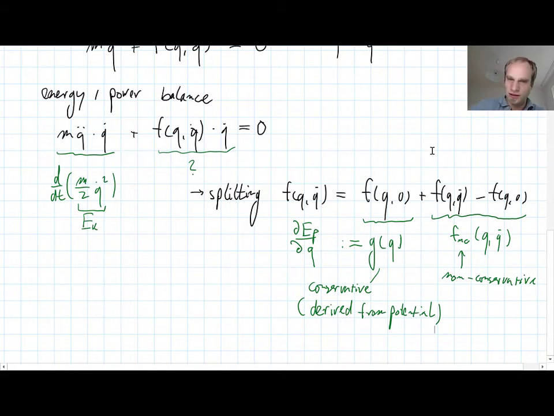So that's really the idea. And this is just how we usually define equilibria, by setting the conservative forces of the underlying conservative system, by setting this restoring force to zero.